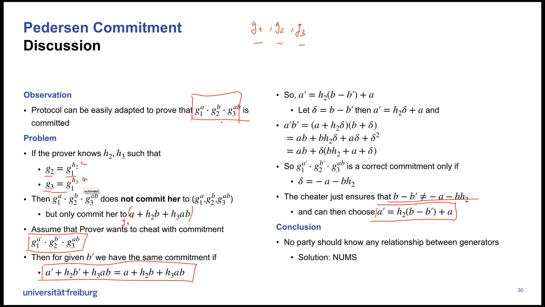We are somehow now in our trap of a zero-knowledge proof. We used this lack of structure in order to prove something, but now we can hide information in the generators and we can break the protocol if we want to rely on the lack of information.